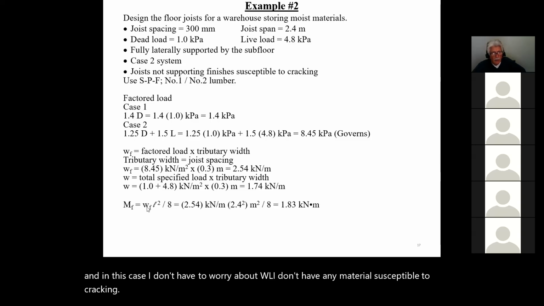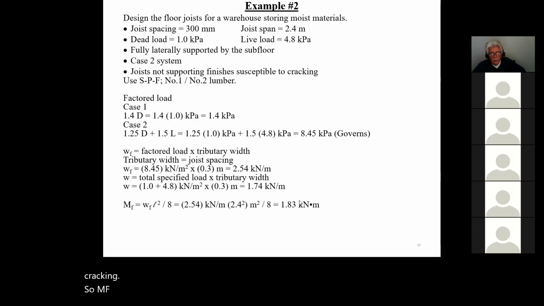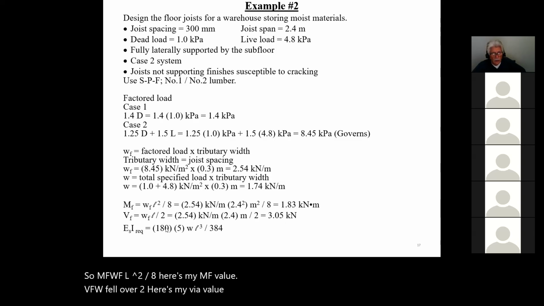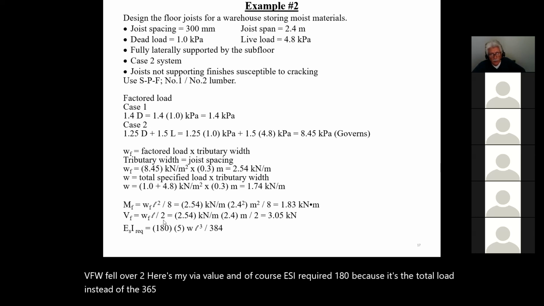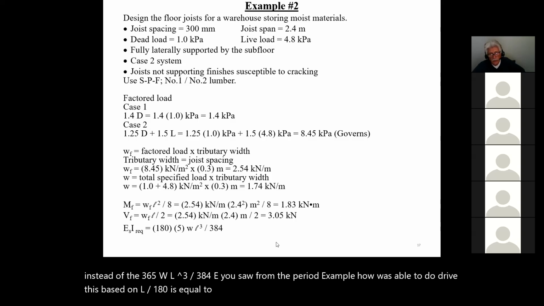So MF equals WF L squared over 8. Here's my MF value. VF equals WF L over 2. Here's my VF value. And of course, EI required is based on L over 180 because it's the total load, instead of L over 360 with WL: 5 W L cubed over 384. You saw from the previous example how I was able to derive this from L over 180 equals 5 W L to the 4th over 384 EI.